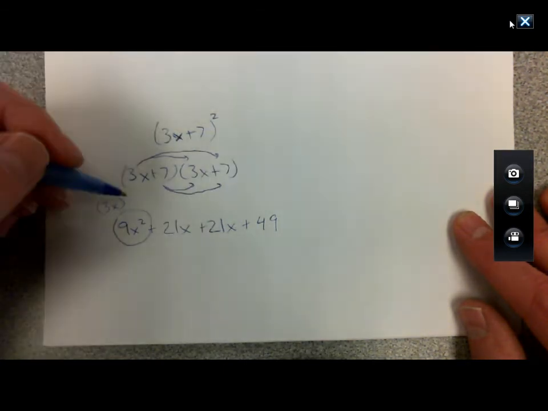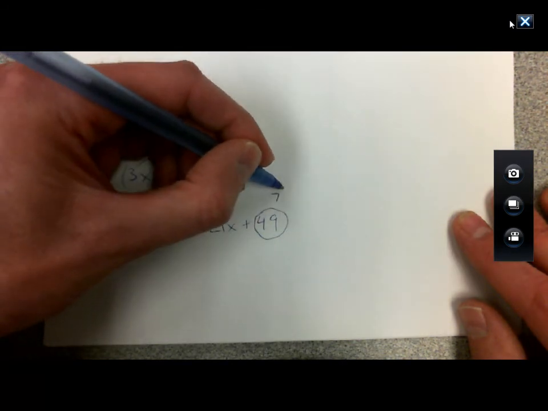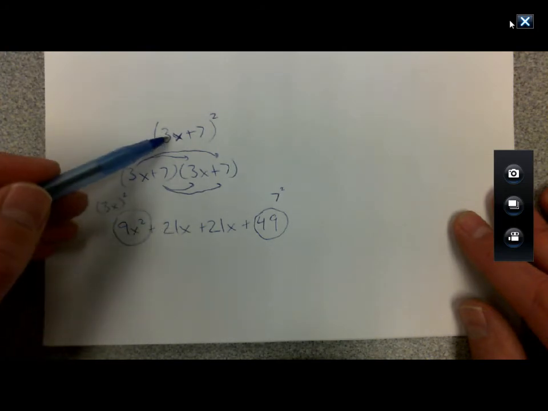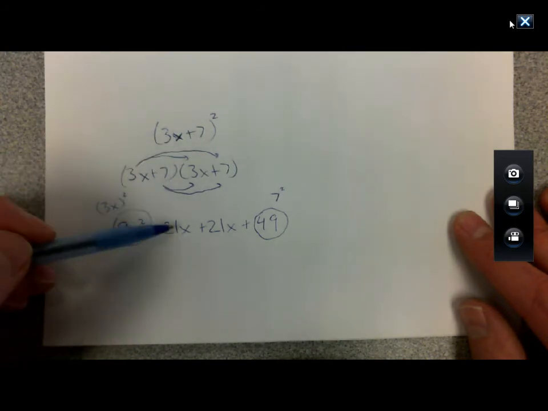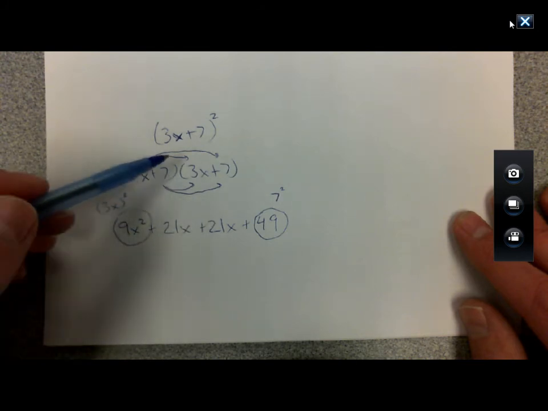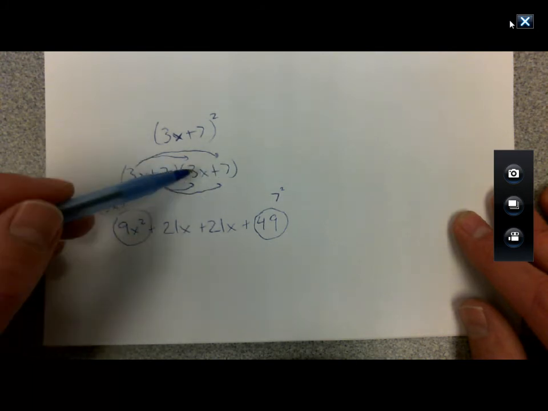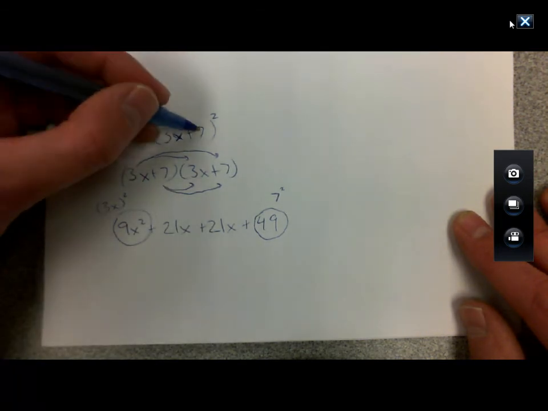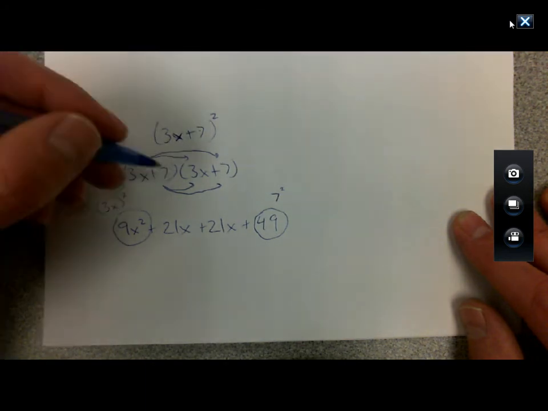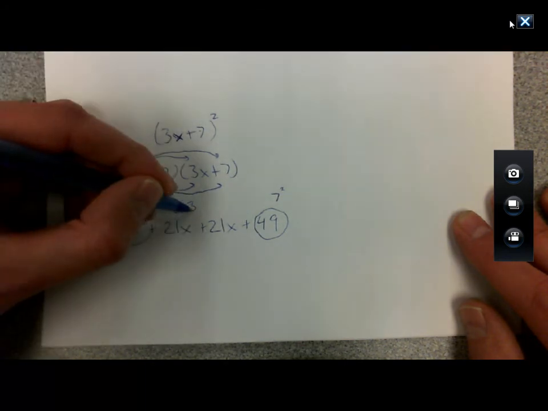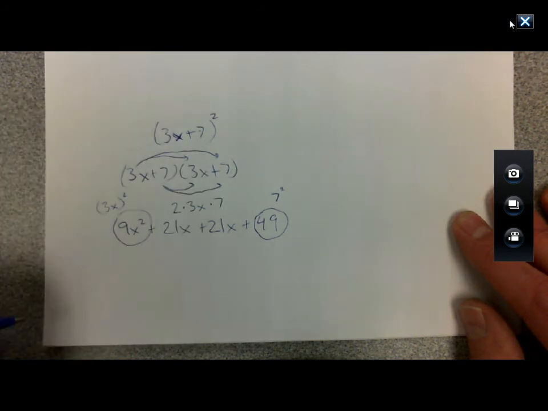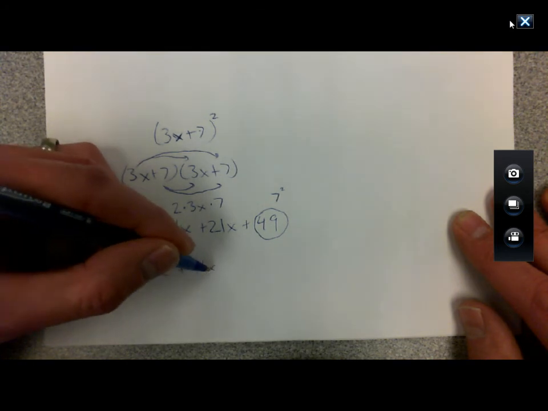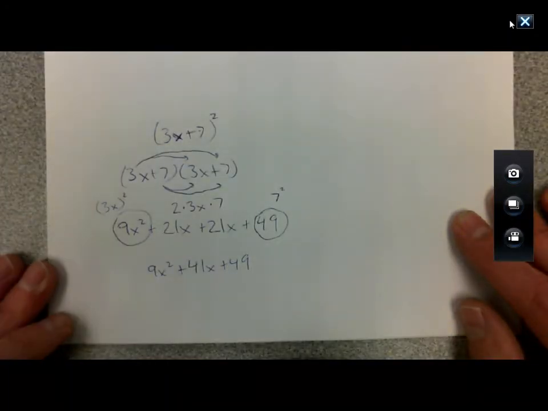So we end up with this last term over here, 7 squared. And the middle is always these two terms multiplied together 2 times. We get 3x times 7 and 7 times 3x. So it's going to be a repeat. It's going to be the first term times the second term twice. 2 times 3x times 7. We'd end up with 9x squared plus 42x plus 49.